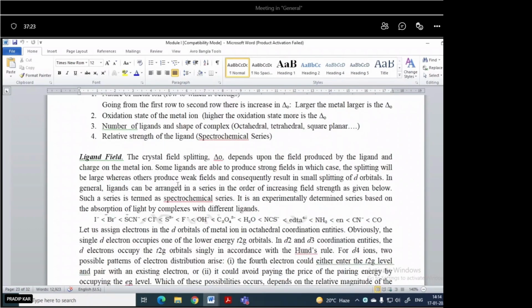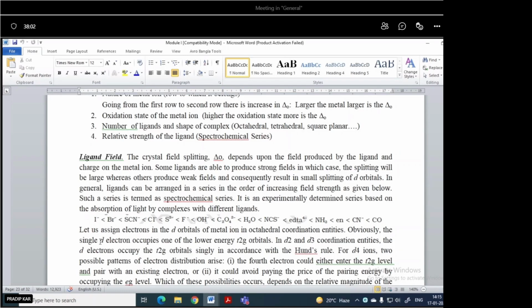So the ligand is important here, and as per the spectrochemical series, depending on their spectral properties, a series has been prepared in order to explain whether it is a strong field ligand or a weak field ligand.